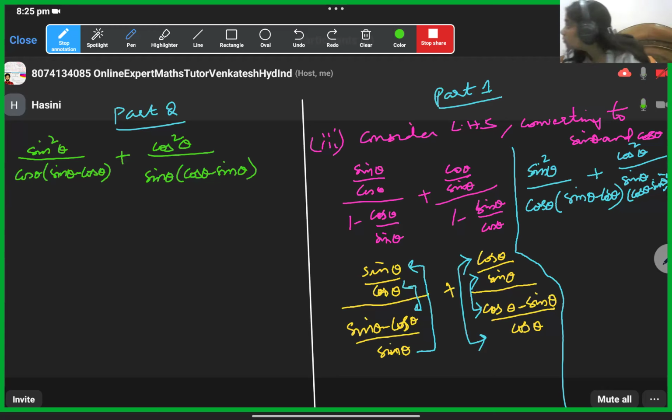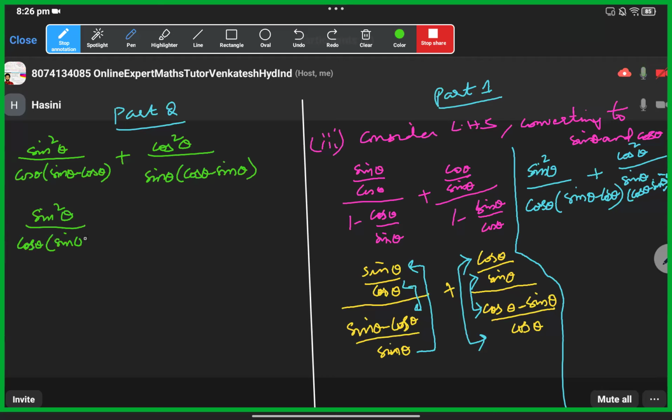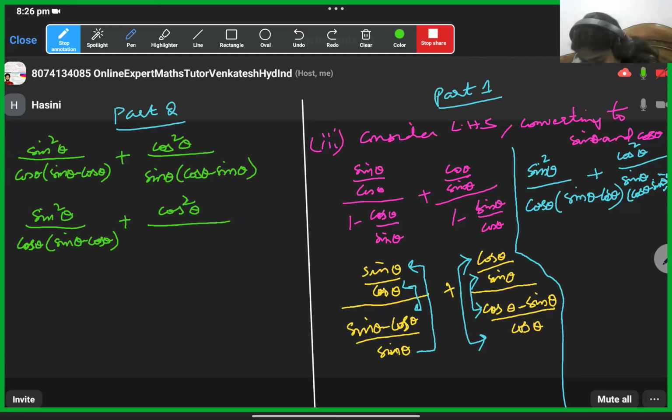So now I'll write like this: sin square theta by cos theta into sin theta minus cos theta, plus cos square theta by minus sin theta. Minus, where does it come from? From here I took common, Hasni.